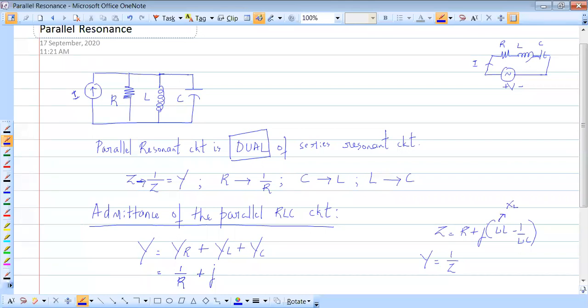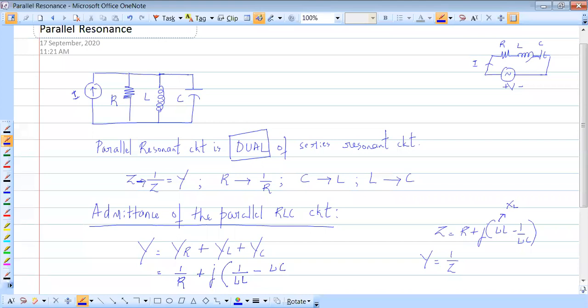This is omega L. So YL would be the inverse of that. So what can I write here? This would be 1 by omega L. Here we have 1 by omega C. The inverse of that would be omega C. Everybody understand that?